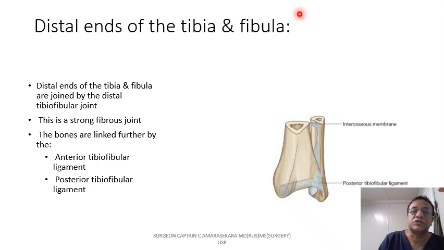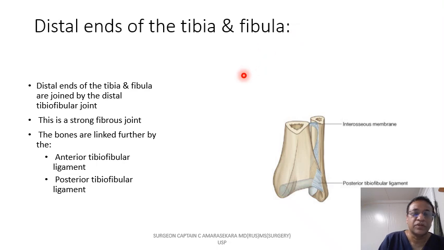So it's very important. Disturbance or disruption of the distal tibiofibular joint can compromise ankle mechanics. So it's a very important joint. It's even important during radiotherapy contouring, to avoid unnecessary exposure and preserve these functions.